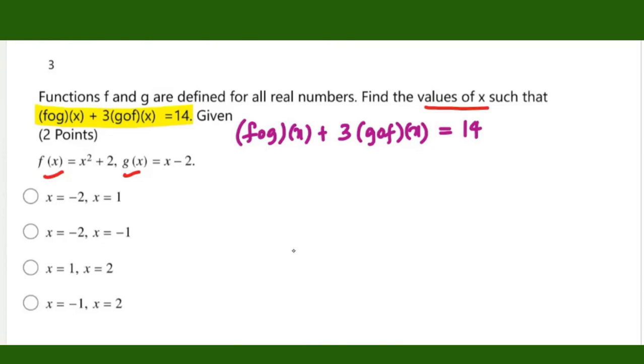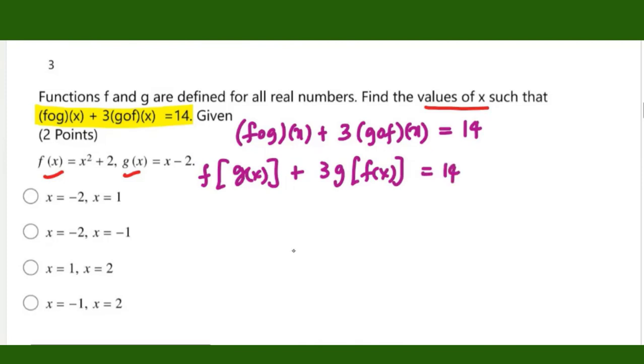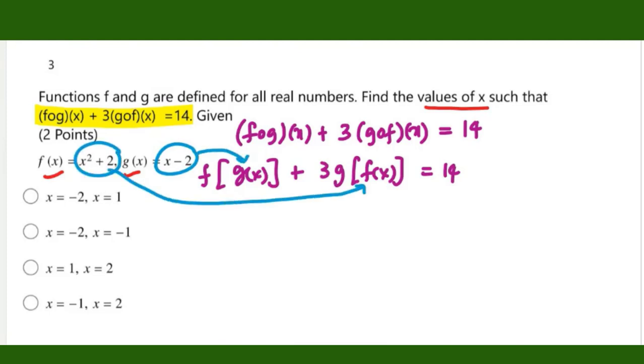So f of g of x means, plus 3 of g of f. So you just substitute individually. Here substitute our g of x into this, and then substitute our f of x into here.